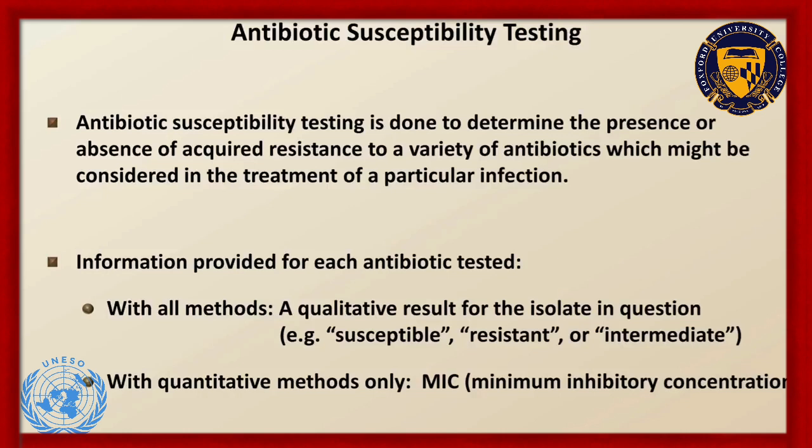Standardization of susceptibility testing is governed by a non-profit organization called the Clinical Laboratory Standards Institute, or CLSI. The CLSI publishes guidelines and reference manuals that guide not only laboratory technique, but also provides recommendations regarding which antibiotics should be tested for which bacterial isolates, as well as what degree of growth inhibition or what MIC should be considered susceptible versus resistant versus intermediate for a particular combination of bacterial species and antibiotic.